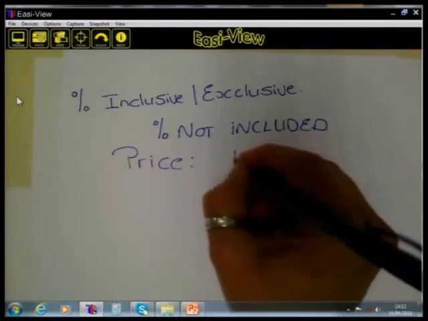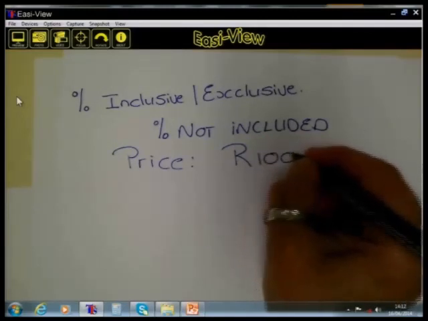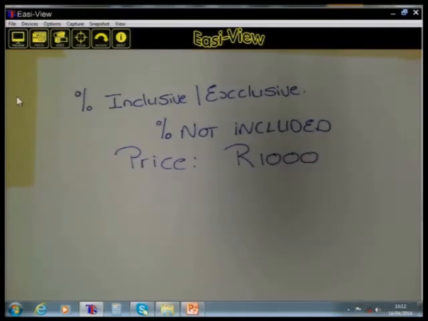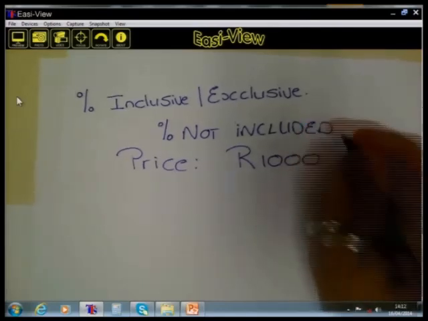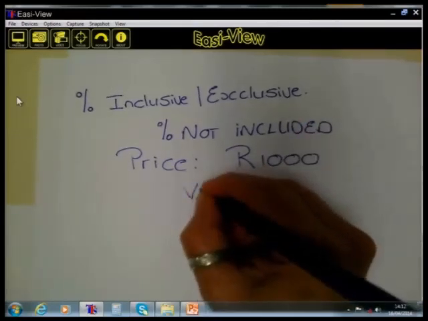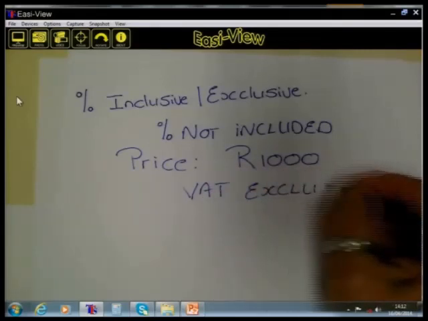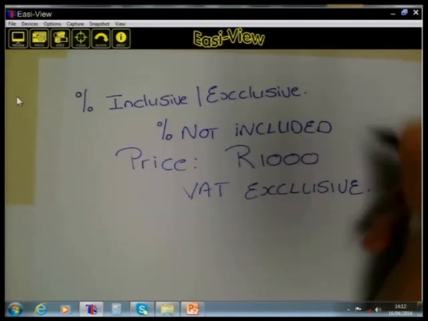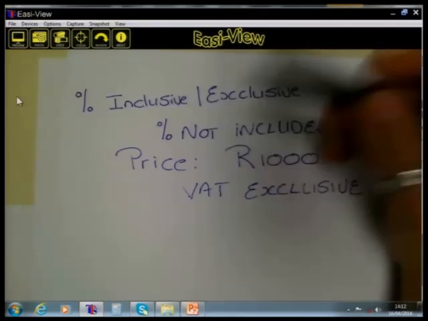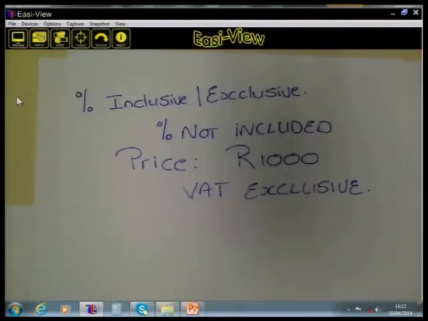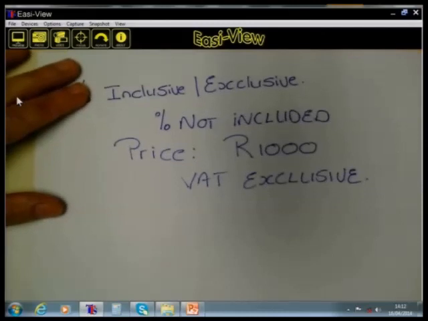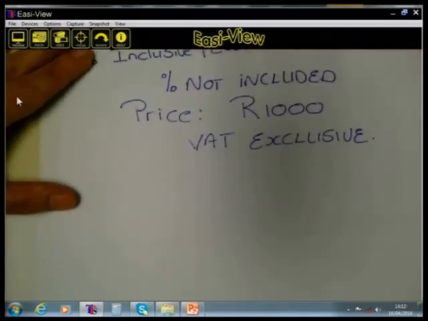is 1,000 rand. Now say for instance the store tells you that this price is VAT exclusive. In other words, the VAT has not been included yet. The VAT has not been included as a percentage yet. What will you do if you need to calculate the VAT on that 1,000 rand?